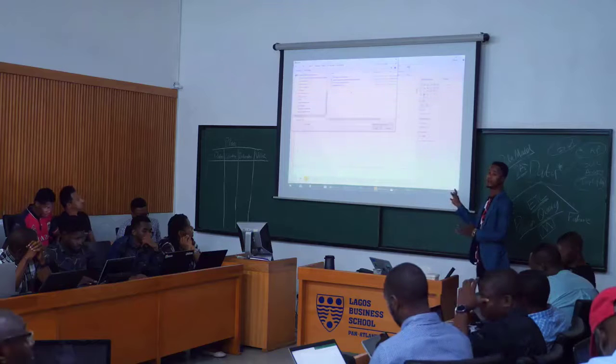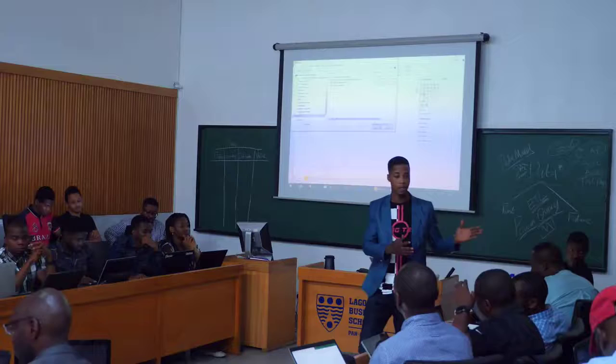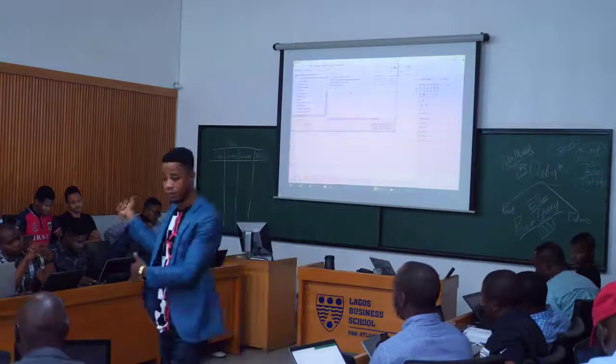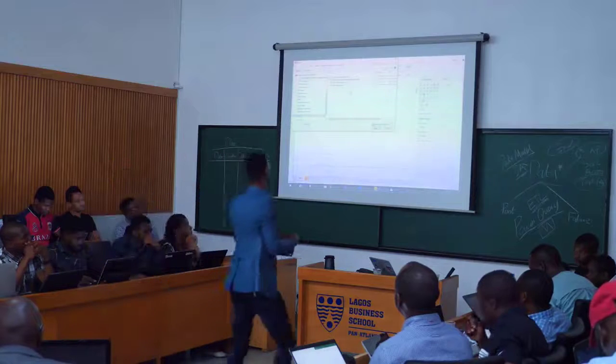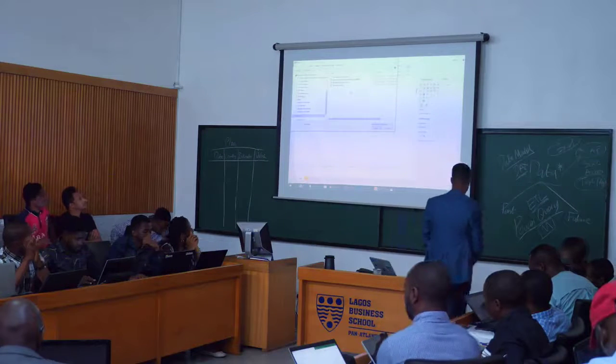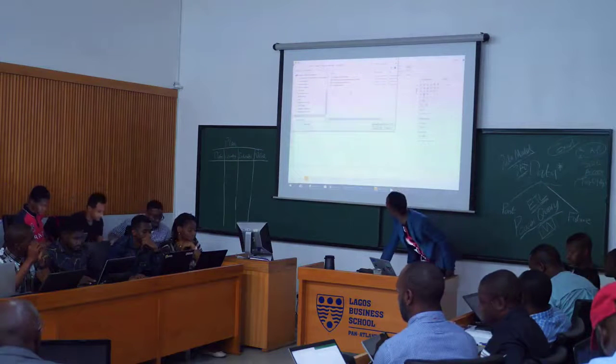Can we all see the files? Can you see this file? So which one are we picking first? Should we pick income or life expectancy first? Income, right? Okay, so click on income.